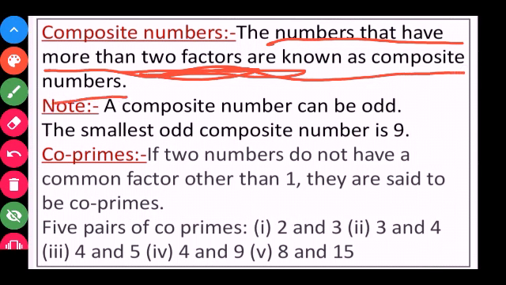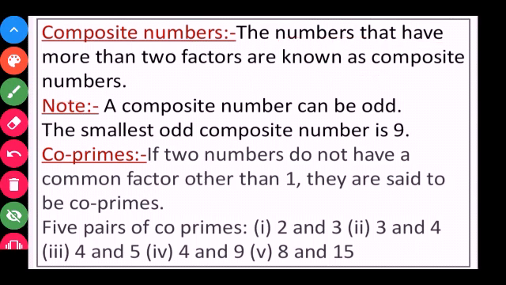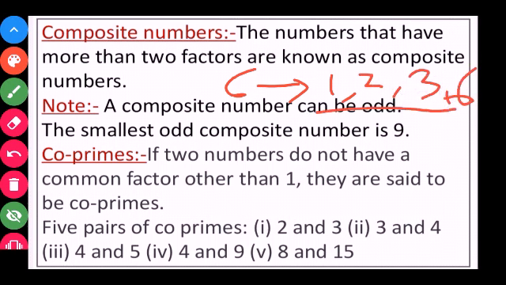Understand? For example, 6. The factors of 6 are 1, 2, 3, 6, so here the factors of 6 are more than 2. The factors of 4 are 1, 2 and 4. So 4, 6, 8, these are all composite numbers.